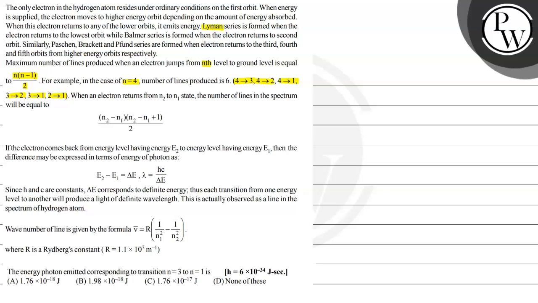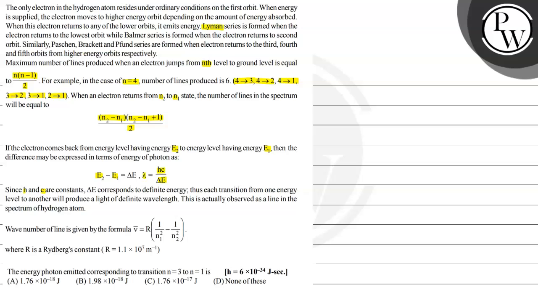When an electron returns from N2 to N1 state, the number of lines in the spectrum will be equal to (N2 minus N1) multiplied by (N2 minus N1 plus 1) divided by 2. If the electron comes back from energy level having energy E2 to energy level having E1, then the difference may be expressed in terms of energy of photon as E2 minus E1 equal to delta E, and the wavelength corresponding to this energy is hc divided by delta E. Since h and c are constants, delta E corresponds to the definite energy.